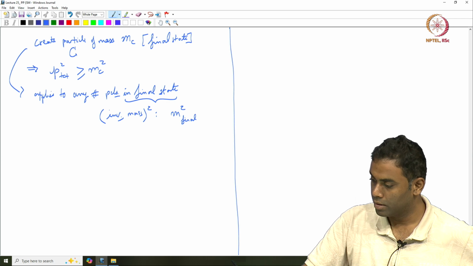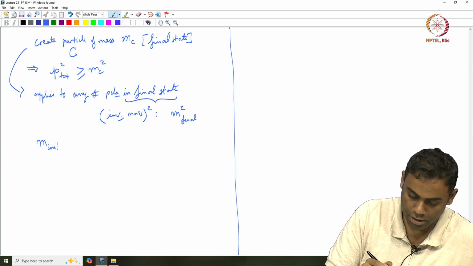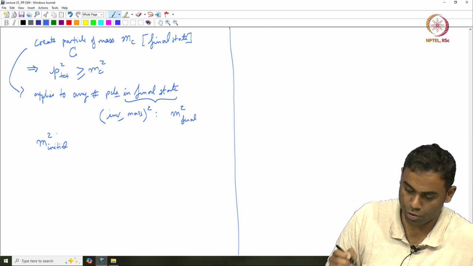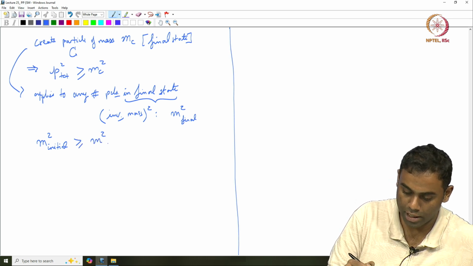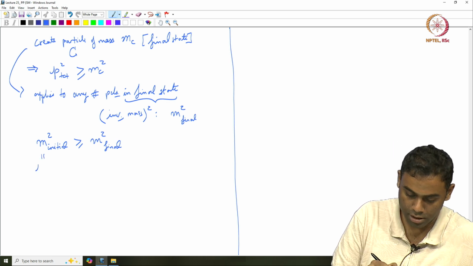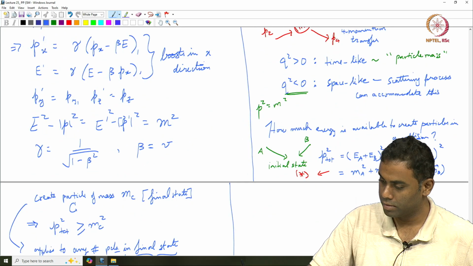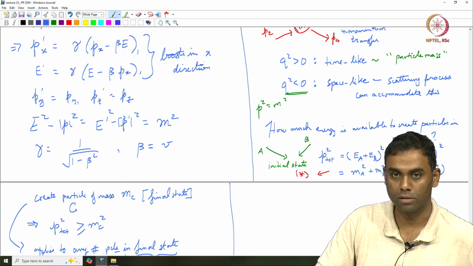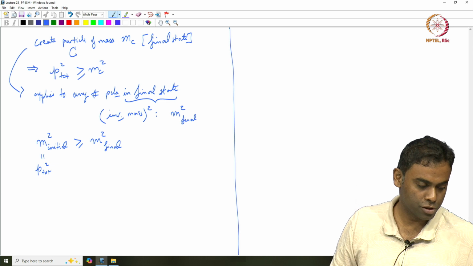Basically all I am saying is the condition is that the invariant mass squared of the initial state should be greater than or equal to the invariant mass squared of the final state. This is just what P dot is, for momentum squared. So far so clear.